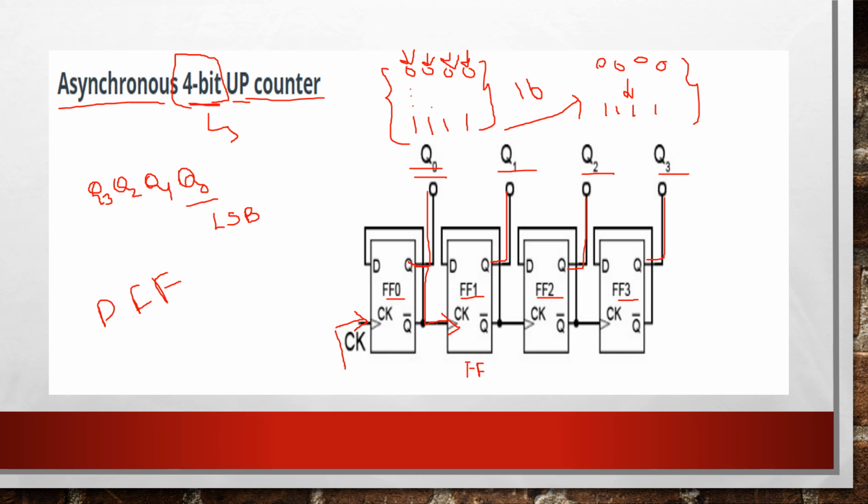You can see that the output of the D flip-flop is connected to Q bar. For every clock pulse, the Q value is flipped. So we can see in the timing diagram how the flipping goes. Due to that flipping, the counting is carried out.